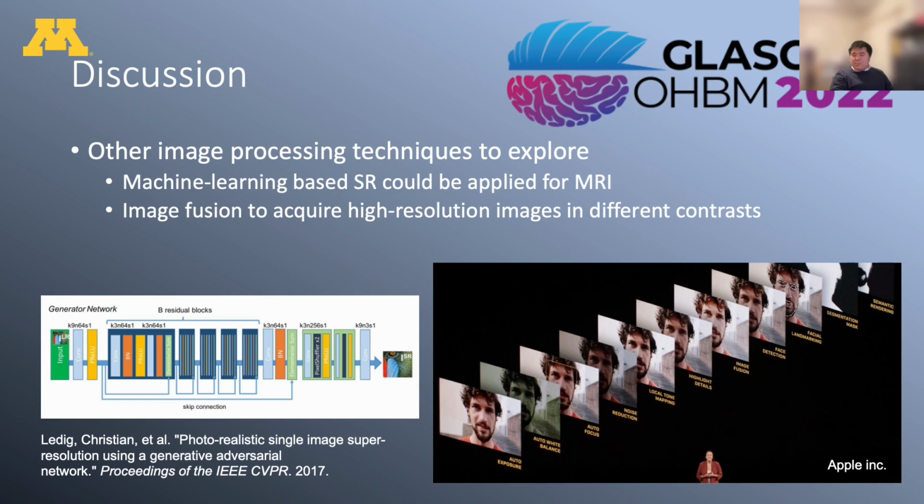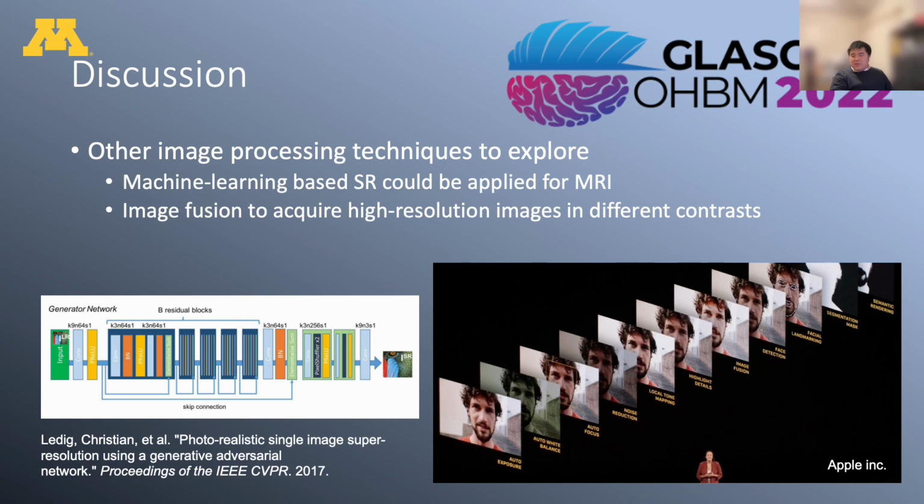I would like to close this presentation by mentioning other potential avenues of improvement for MR images, inspired by advances in cameras and other image processing domains. First, machine learning-based super resolution has basically taken over the image processing field, and we can certainly use similar machine learning techniques to enhance MRI resolution.